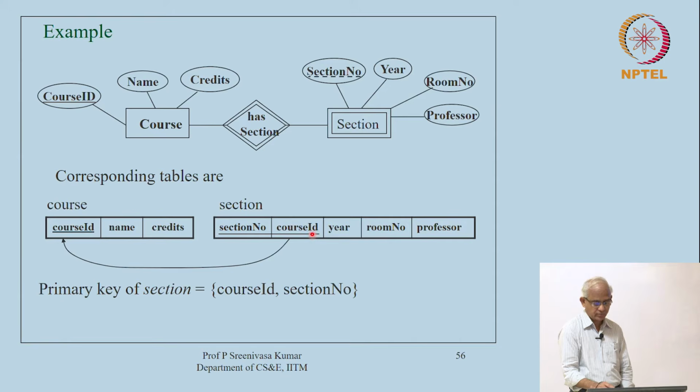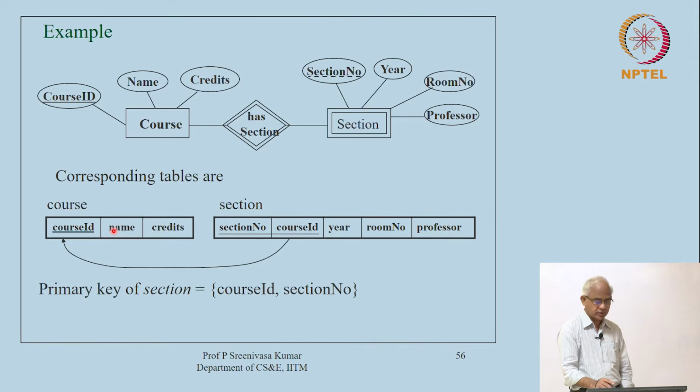So, we underline them, and now the course ID that we have introduced here, borrowed from the owner entity, obviously should be a foreign key referring to the courses. In general, the primary key attributes that we introduce from the owner will be the foreign key attributes that refer to the owner relation, whatever the owner relation is.